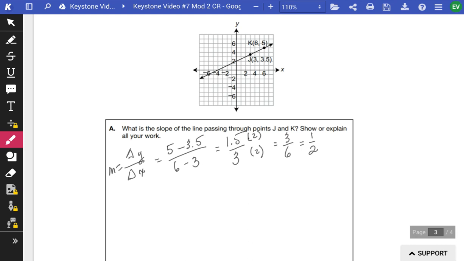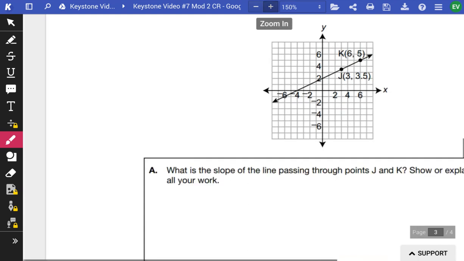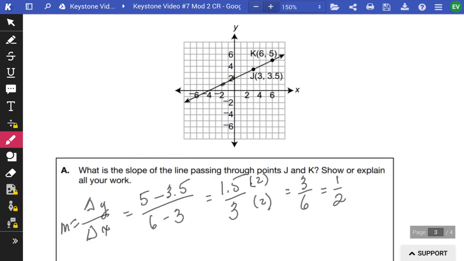Another way to do it is to find some nice points and do your box counting. So if we do that, you can see, let me zoom in a little bit. Okay, so in this case, when I box count, I go up 1 box and I go right 2, which is the same as 1/2.